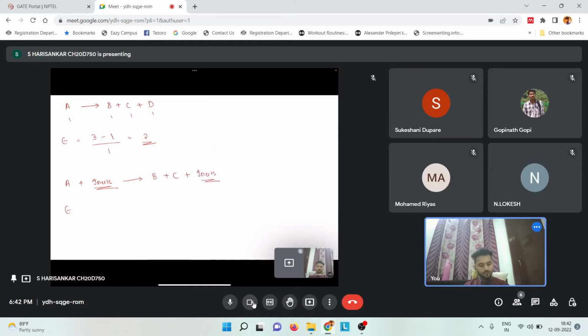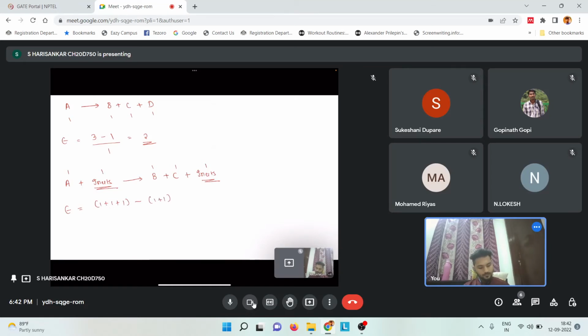Okay. So when we try to do the epsilon here, 1 mole of A, and let's say we take 1 mole of inerts, gives us 1 mole of B and 1 mole of C, and the inert doesn't react, so 1 mole of inerts here as well. Now, if we write the epsilon, it is the sum of moles of products, which is 1 plus 1 plus 1, minus the total moles of the feed, that is 1 plus 1.